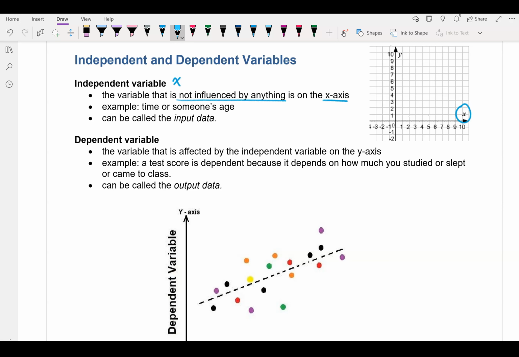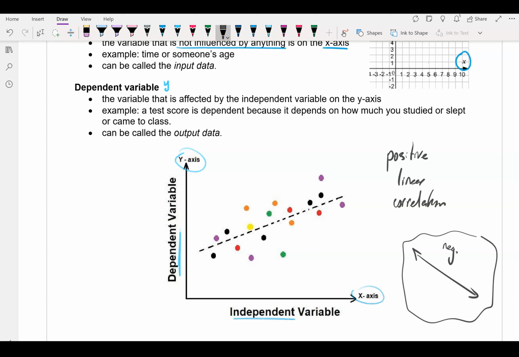There are also negative linear correlations, which would look like this. This would be a negative linear correlation. Some examples of that are a student who is absent for a lot of classes: high absences, low grades.